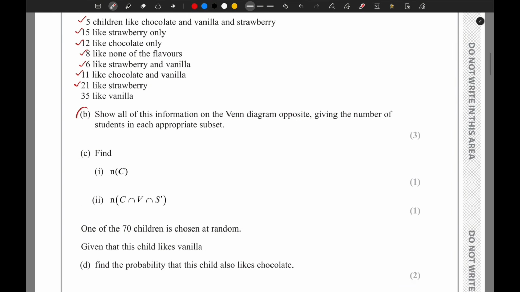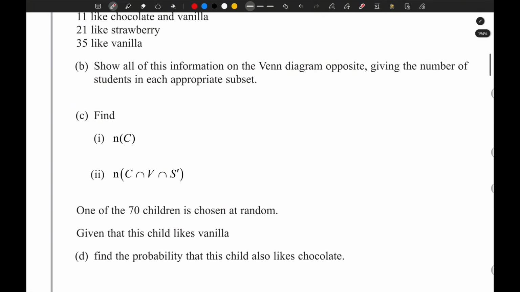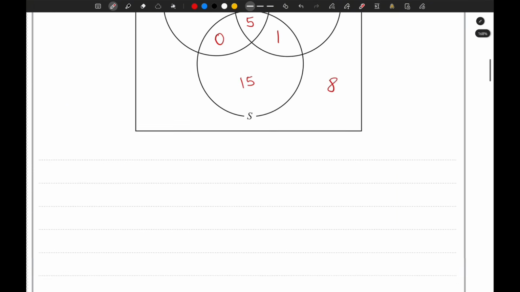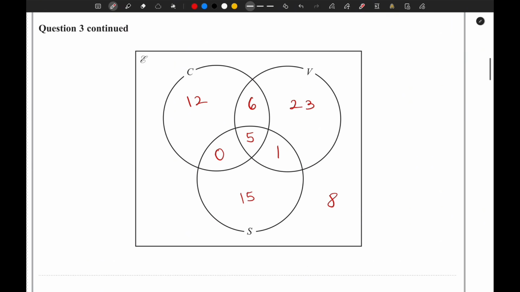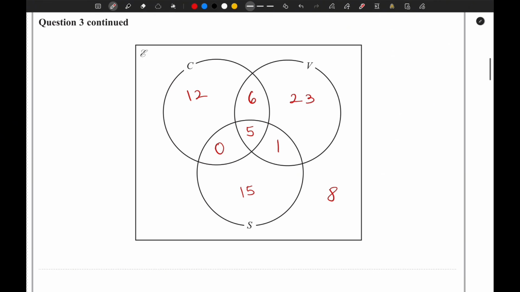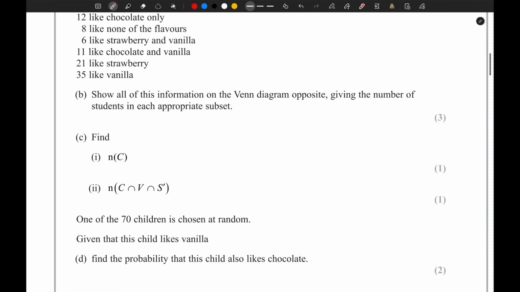So that is the answer to part B. Now for part C, we need to find the number of elements in set C. In set C, there are 12, 6, and 5 elements. If we add them all together, that gives us 23. So the answer to this is 23.